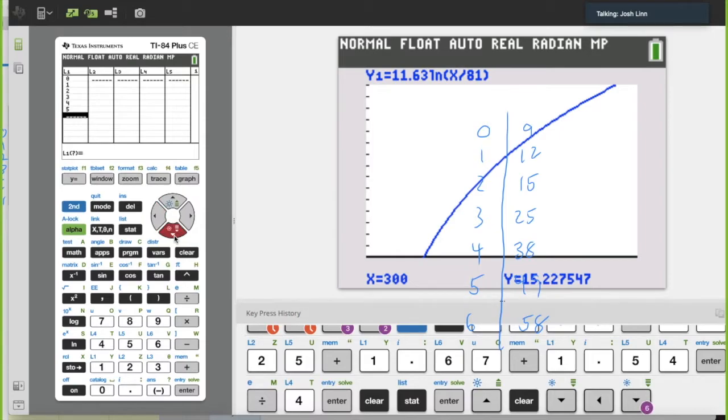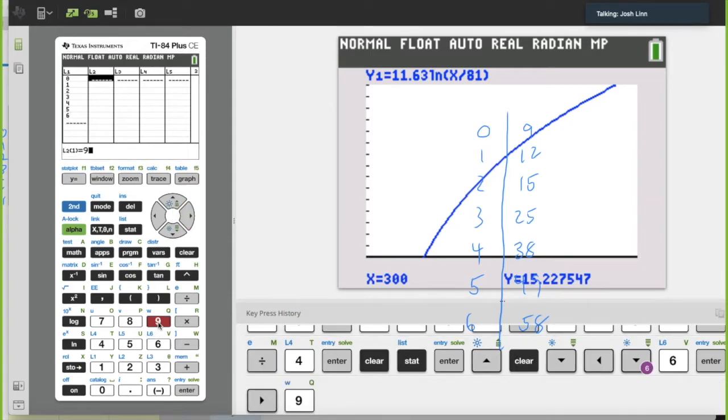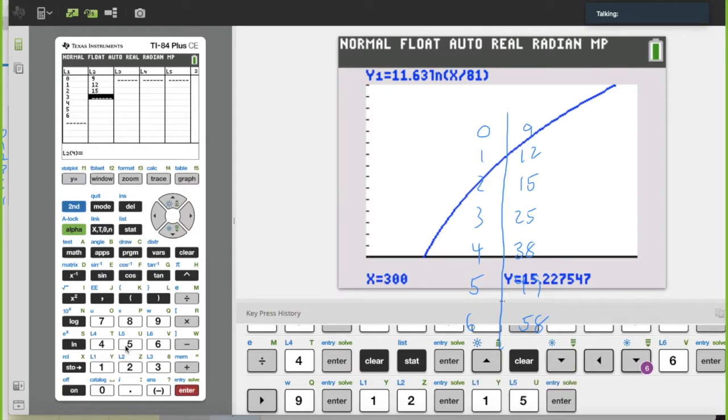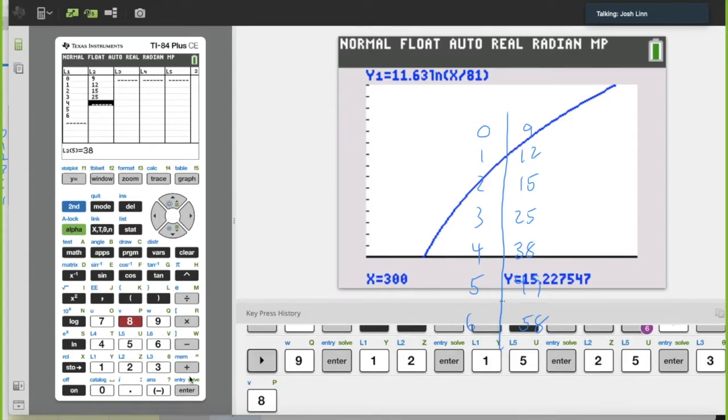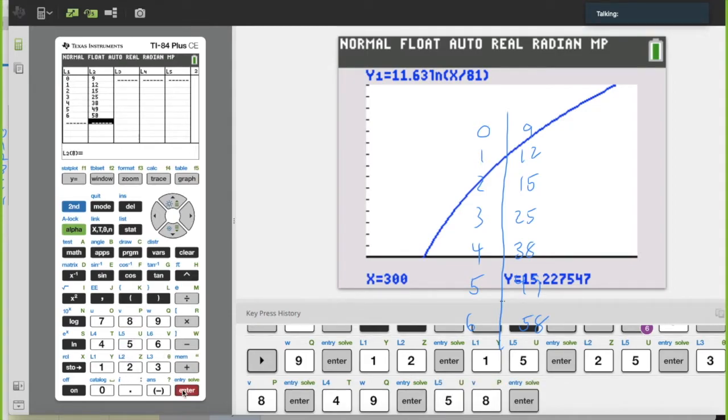So I need that to go to 6. So that list is ready. And then we just have to enter this in. Just entering numbers. Okay, so we've got our list done.